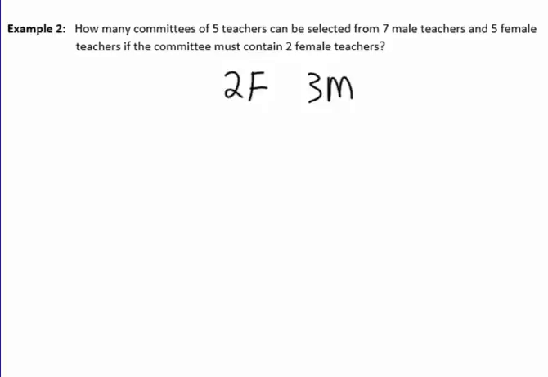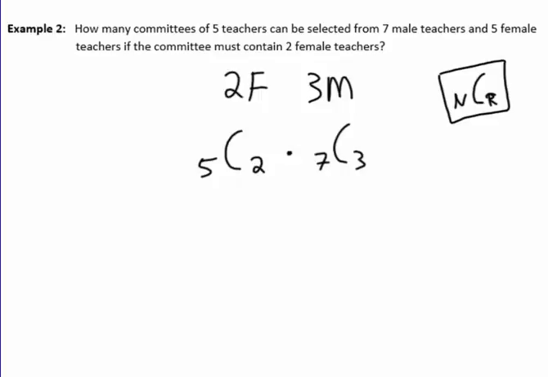Well, let's first choose our female teachers then. From the 5 female teachers, we choose 2 of them. We'll figure out whatever that number is, and then multiply it by our male teachers. Of the 7, we're going to choose 3. Now this time, use your nCr button on your calculator to do the calculation. 5C2, if you use your nCr button, 5C2 will give us 10, and 7C3 will give us 35.